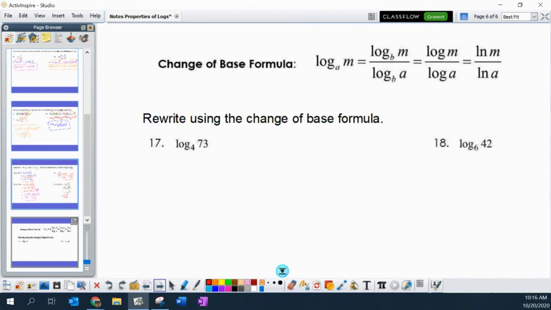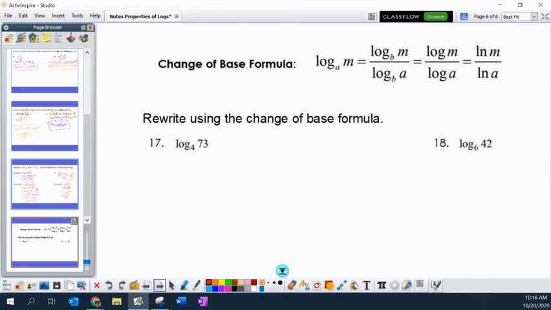But because they had to preprint these specific log tables for people to use, they narrowed it down. They decided on 2 main log bases that they would use: log base 10, which is the common log, and log base e, which is the natural log. So those are the 2 charts that they would print, the common log tables and the natural log tables.